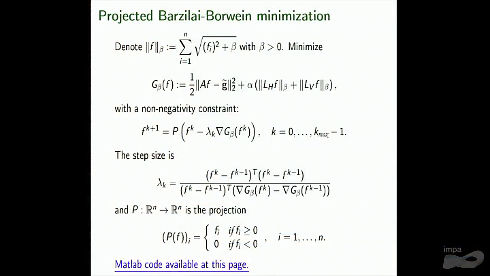Barzilai-Borwein also makes it possible to apply the projection to the non-negative quadrant. If you want to try it out, there's the MATLAB code on the page I already mentioned, on Jennifer's and my book code page. But the point here is that A transpose appears here as well, because we need the gradient of G beta, and when you differentiate this part, A transpose will appear.